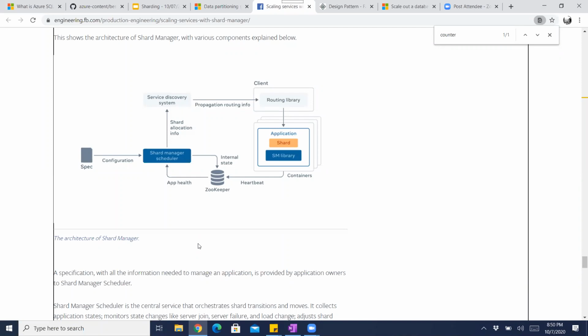Also the machines can go down, so they would need to rebalance and put shards on other nodes. Again, that configuration needs to be updated, and someone needs to know whether those machines are available or not. That's why they have this heartbeat kind of thing, which will tell whether a machine is available.